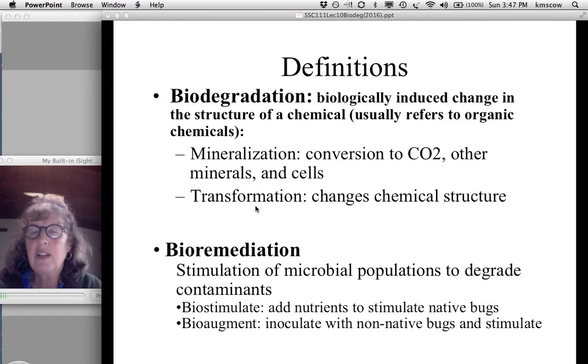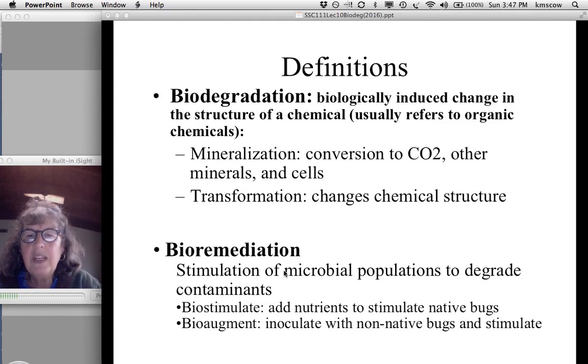And people who are trying to sell products that they want to convince people are safe in the environment use this word biodegradation really liberally. And sometimes they really are only talking about transformation and not complete destruction. They say their product is biodegradable, but it may not be. It may just undergo some transformation.